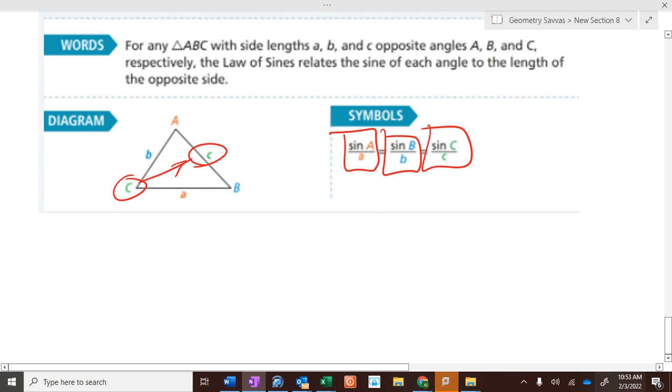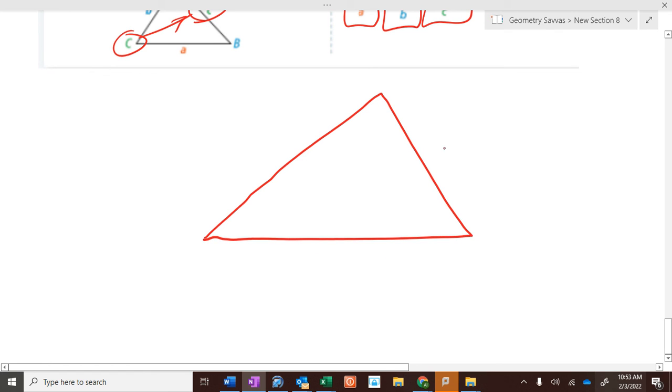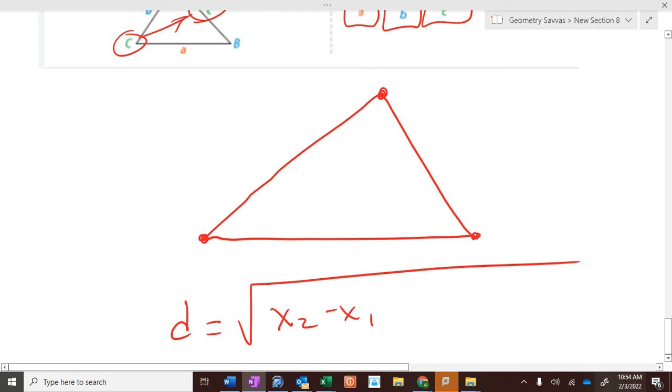Second sine, second answer. Okay, today on one of the problems, it'll be a triangle, and you have to use the distance formula to figure out the distance from here to here and from here to here. Remember, the distance formula is the square root of x2 minus x1 squared plus y2 minus y1 squared.